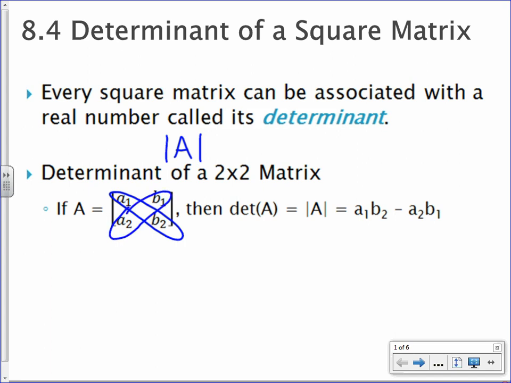Well, that's familiar, isn't it? We've seen it with inverses, right? This is our 1 over criss minus cross. Here's criss minus cross. That's how we find a 2 by 2 determinant, and that's something that we use when we find the inverse.